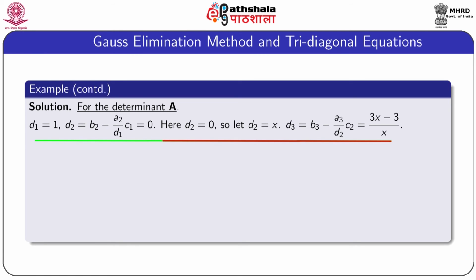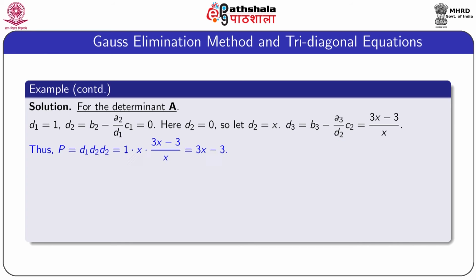Since it is 0, we consider d2 equal to x, and using this value we calculate d3, which is equal to b3 minus a3 by d2 into c2, which is equal to 3x minus 3 by x. Thus the product p equal to d1, d2, d3 equal to 1 into x into 3x minus 3 by x, which is equal to 3x minus 3.